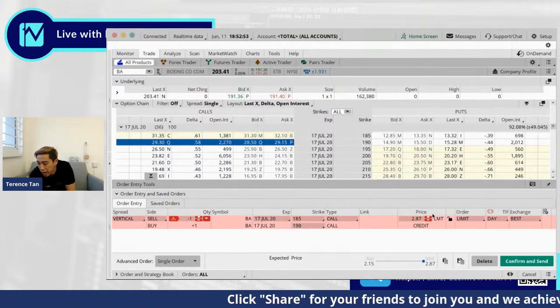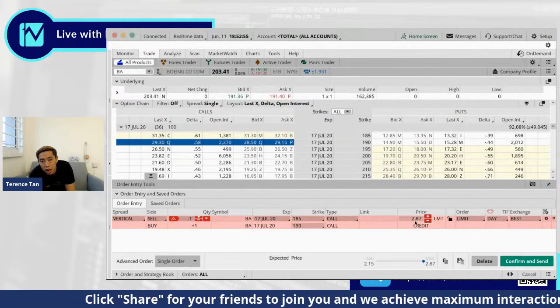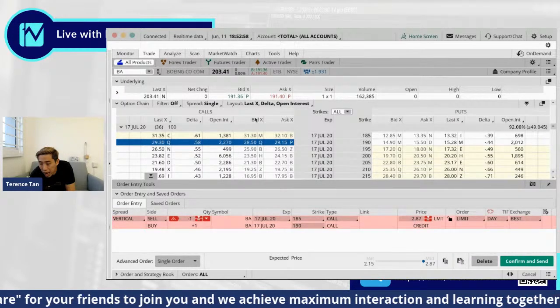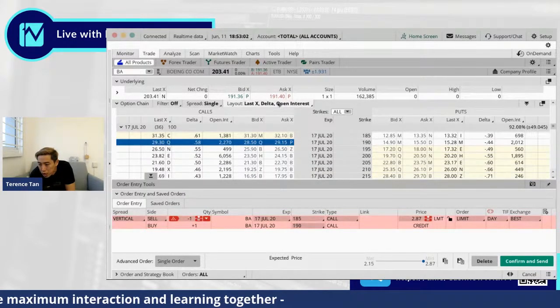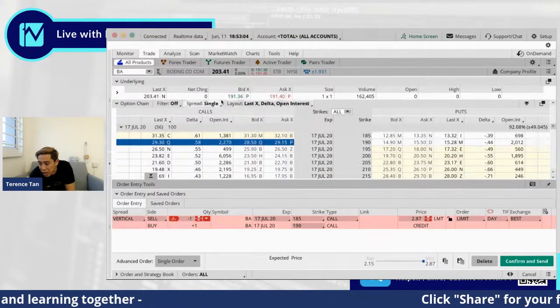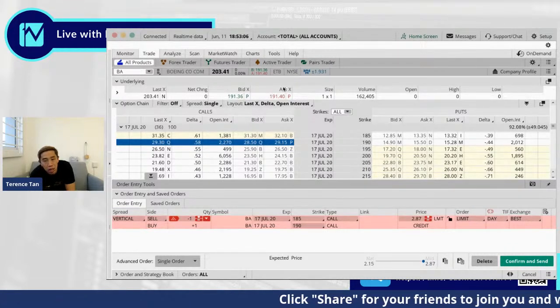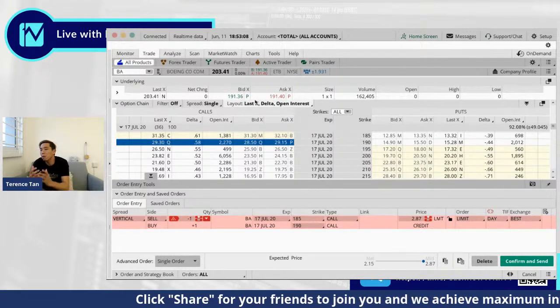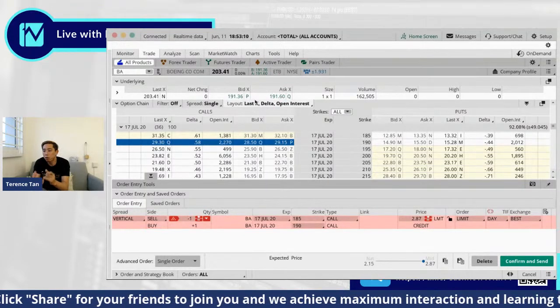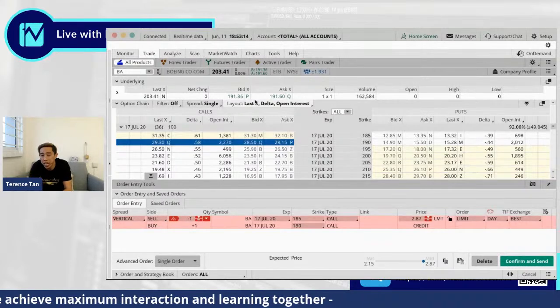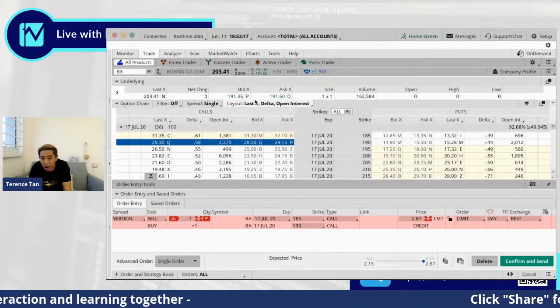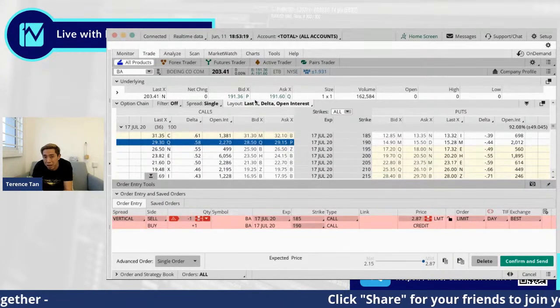If I get this for 287, you realize that aftermarket hours saw Boeing trade all the way down to 191. So today when the stock market opens, I'll probably be able to start locking in profits on this trade immediately.